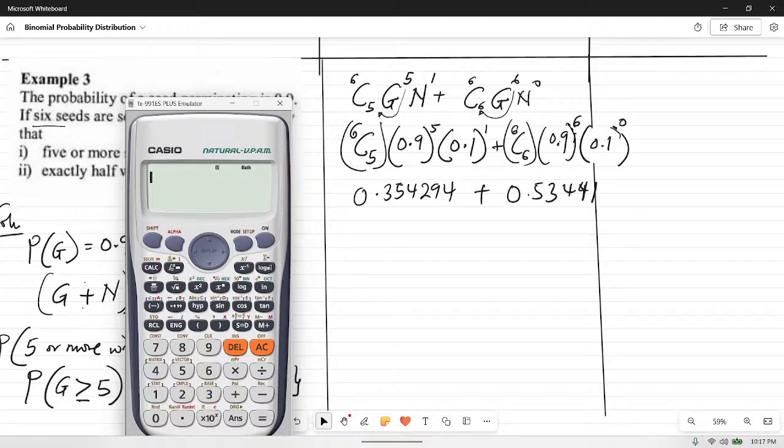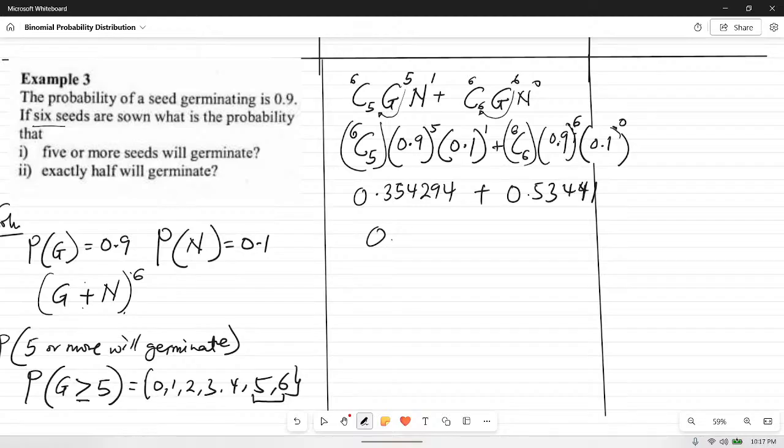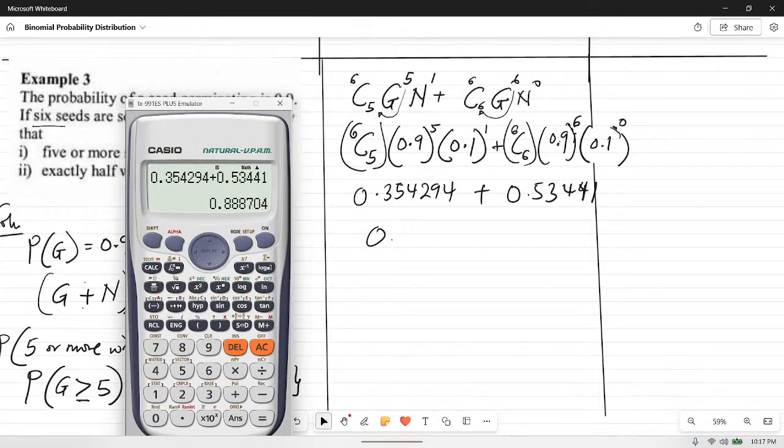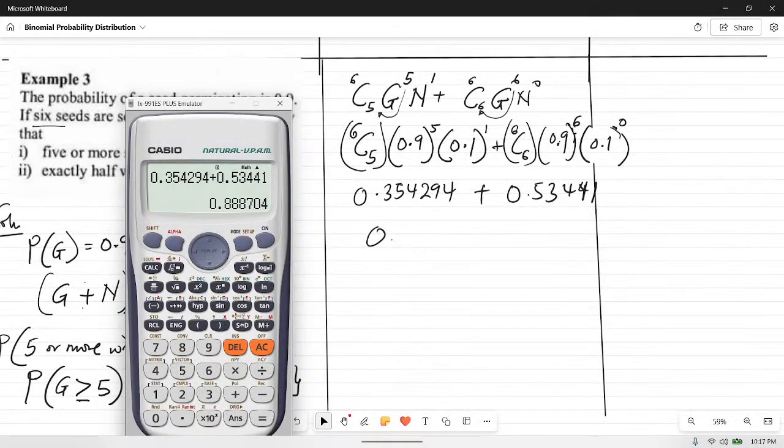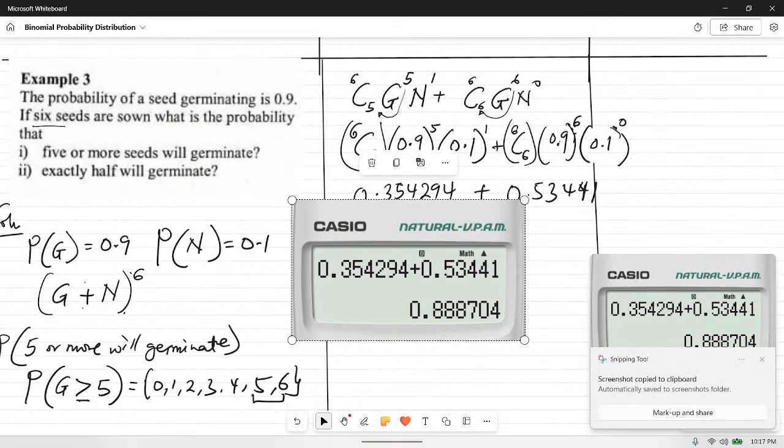Mode 1. 0.354294 plus 0.53441. That's the answer.